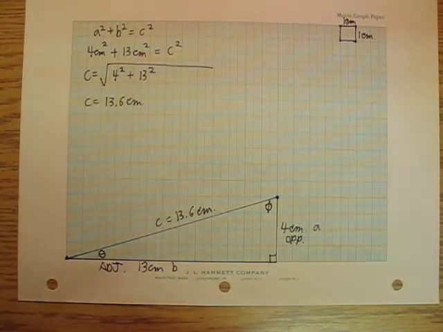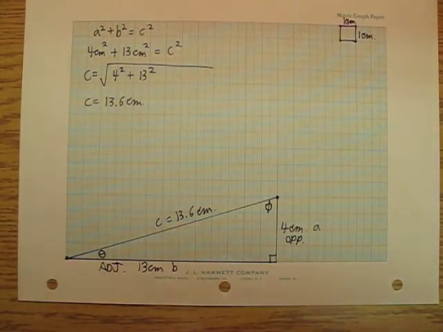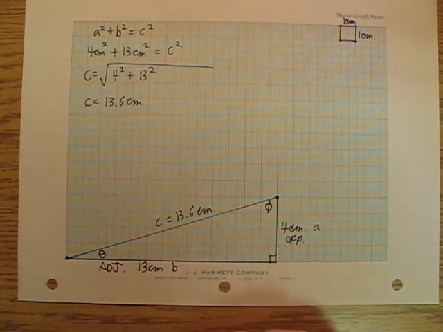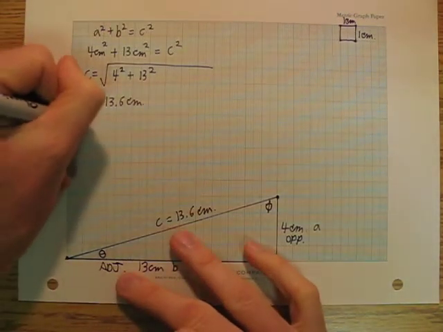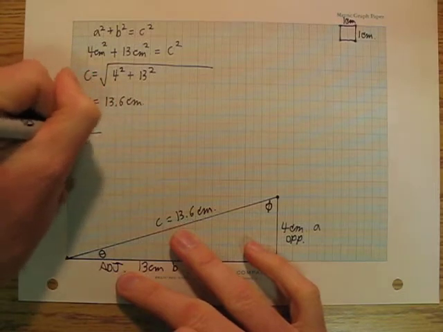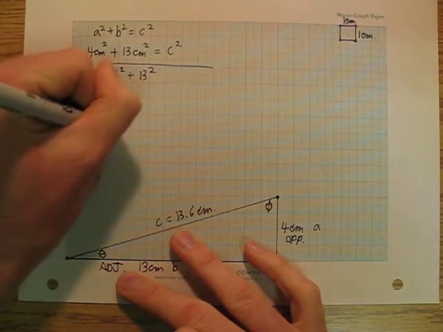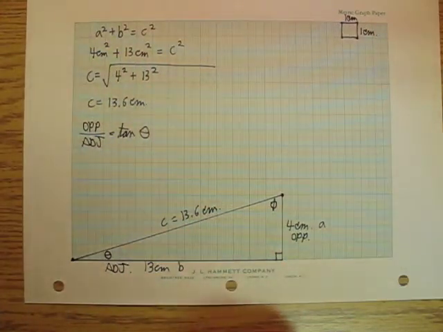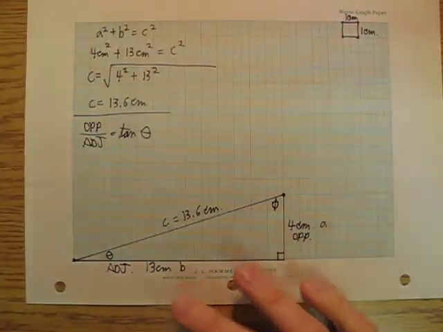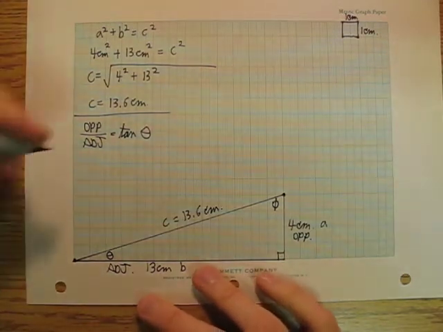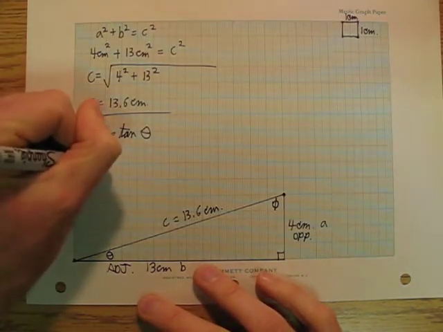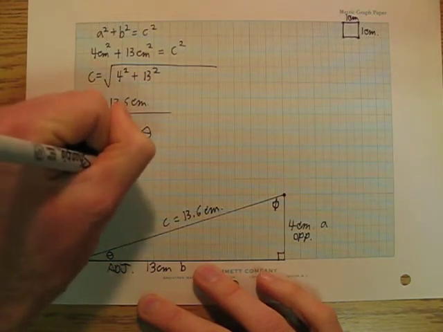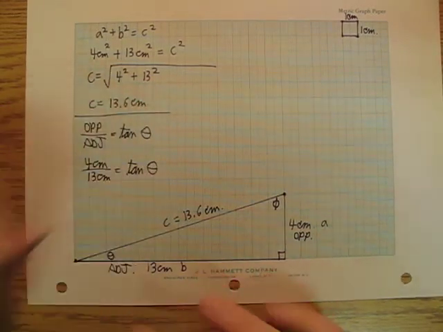And I think back on what I remember from the previous lecture, and I remember, oh, opposite over adjacent is equal to tangent theta. Okay. So I have 4 centimeters over 13 centimeters is equal to tangent theta.